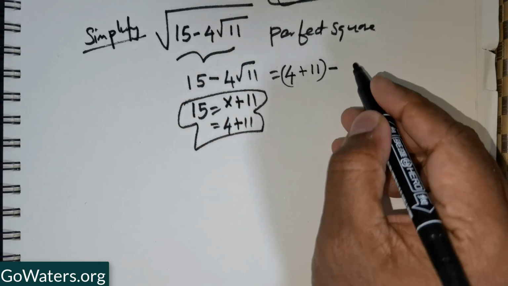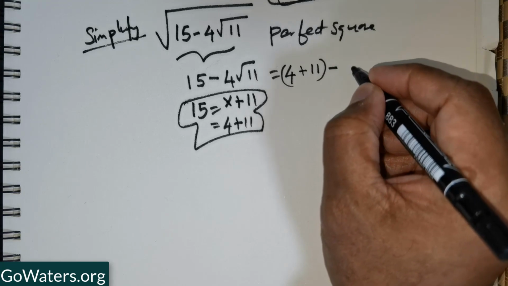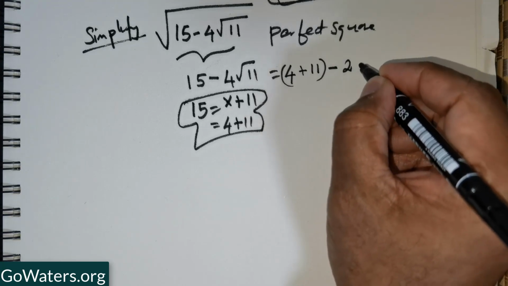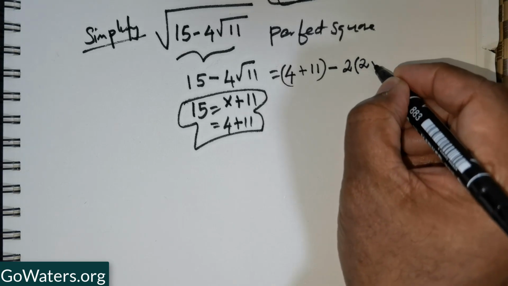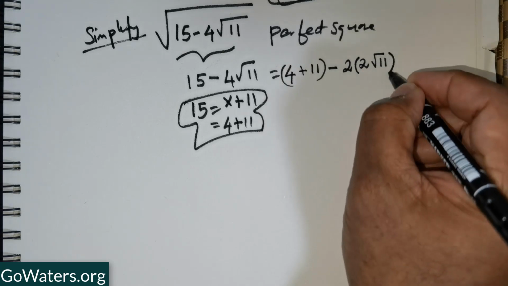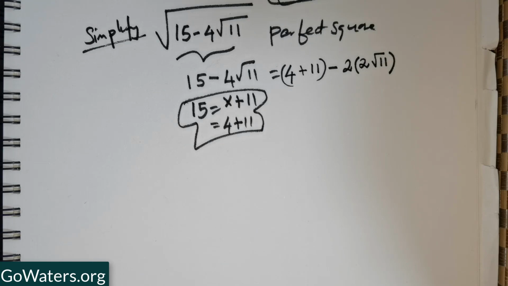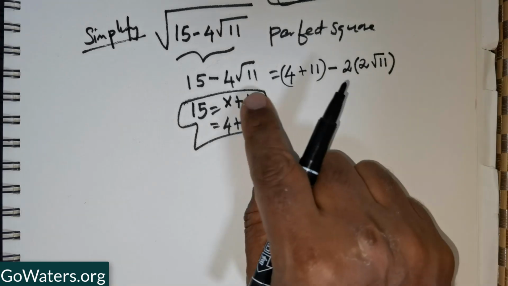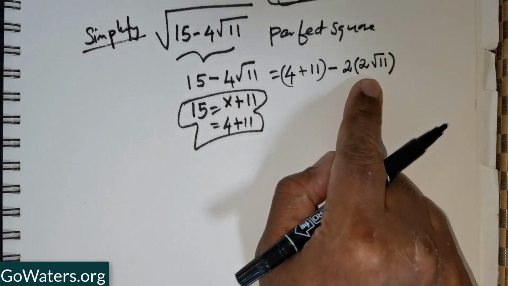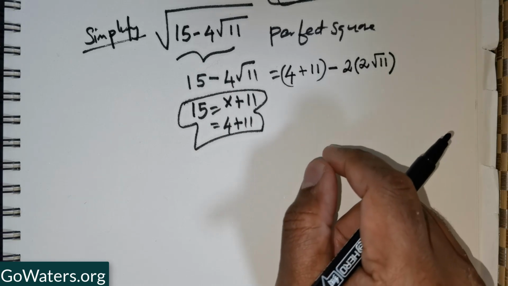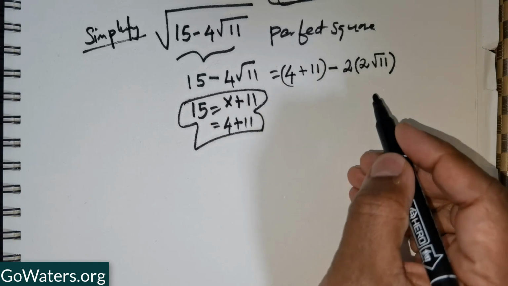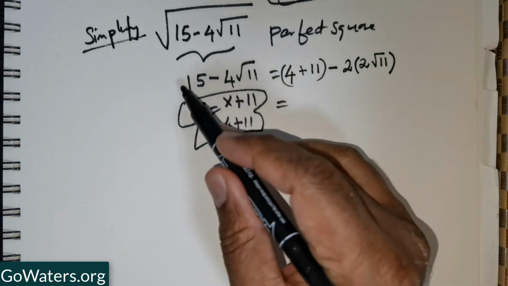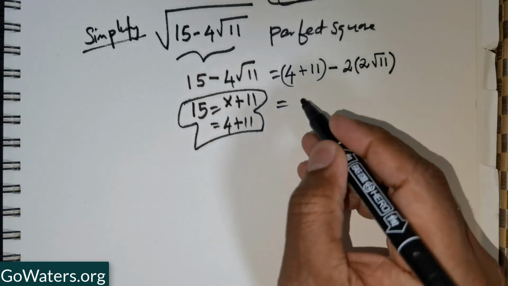Is it okay if I write 4 times root of 11 as 2 times 2 times root of 11? So clearly I can write 4 times root of 11 as 2 times 2 into root 11. You can see that we are slowly but steadily converting this into a perfect square.